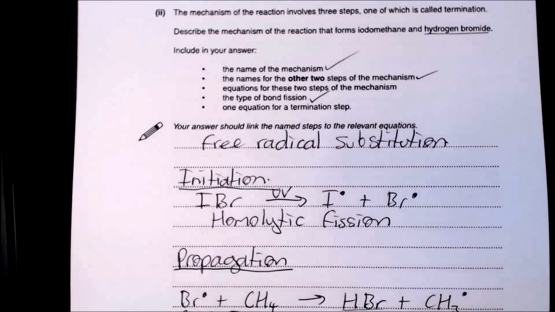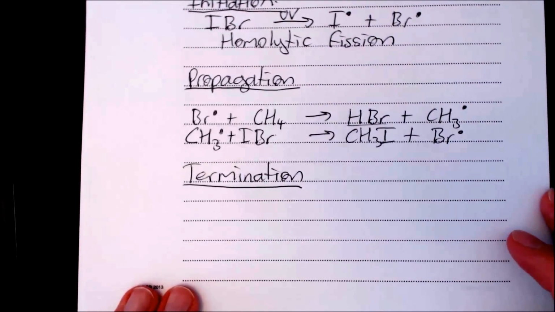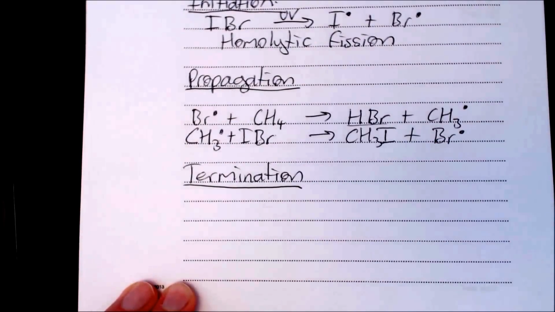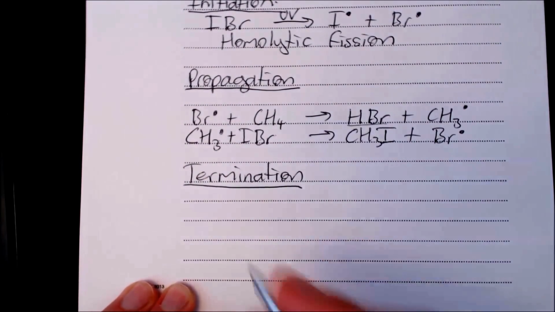Now termination is the last process of this reaction. Now it did say that one equation for termination step. So there could be numerous ones here. All we have to do is just pick two radicals that we have floating around here, combine them together, and we form a non-radical, and that's all termination is.